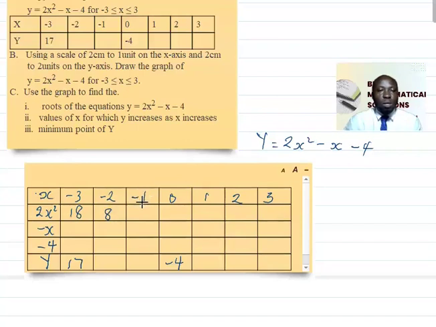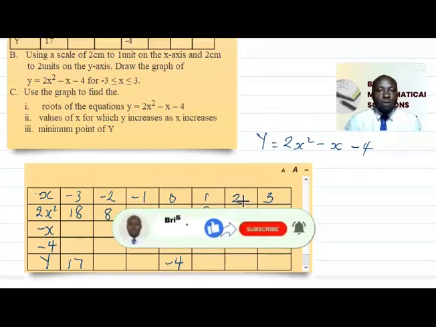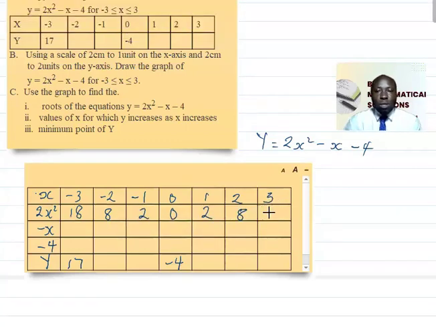When x is minus 1, that is 1 multiplied by 2, that's 2. When x is 0, 0 multiplied by 2 is 0. When x is 1, this place will be 2. When x is 2, 4 multiplied by 2, that is 8. When x is 3, 3 raised to power 2, that's 9 multiplied by 2, that's 18.